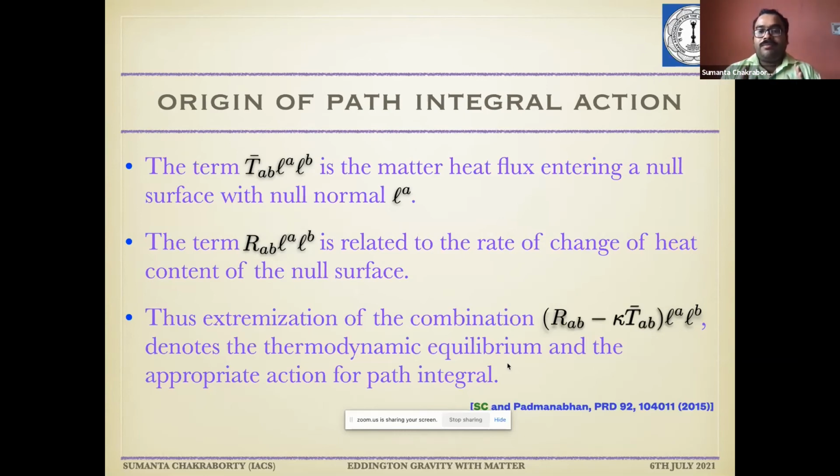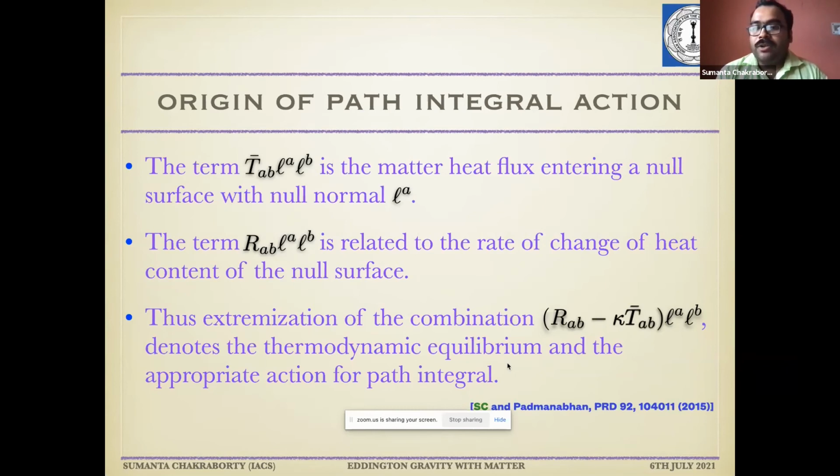So the bottom line is we showed that there exists a Lagrangian with a thermodynamic interpretation, as various previous works have suggested, which has some extra degrees of freedom in the form of the null vector L^A. If we integrate out these additional degrees of freedom in order to obtain an effective action, which only depends on the geometrical degrees of freedom, so to speak, then the corresponding action is equivalent to Eddington's gravity, except for some change of cosmetics from determinant to log determinant and so on.